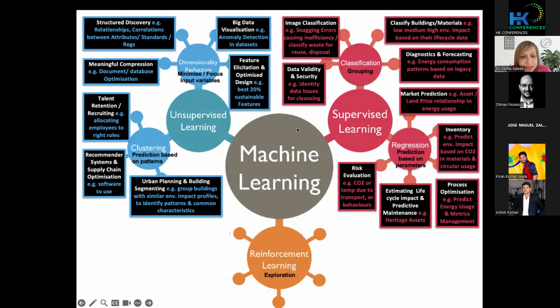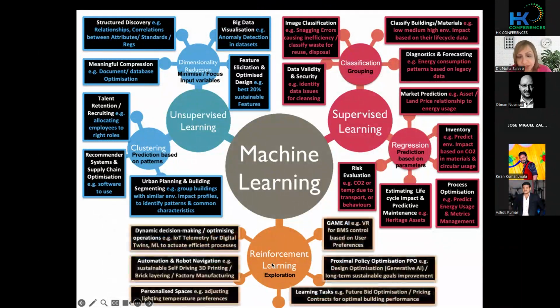And lastly, I would like to talk about reinforcement, because reinforcement learning is one of my favorites, actually. As we all know, reinforcement learning is all about trial and error. So you tell the AI whether this is working or not, and it improves its suggestions or optimization plans for you based on it. There are many uses for reinforcement.